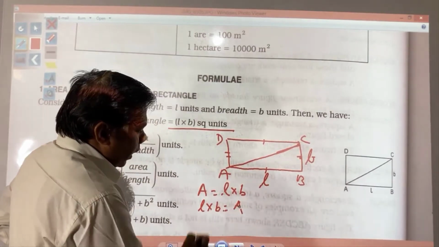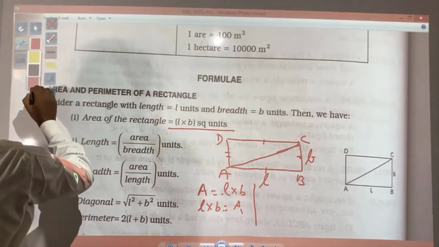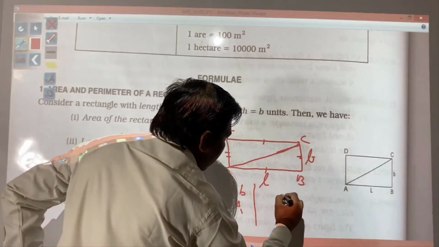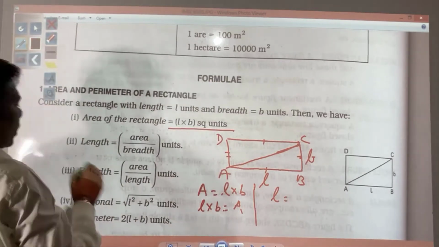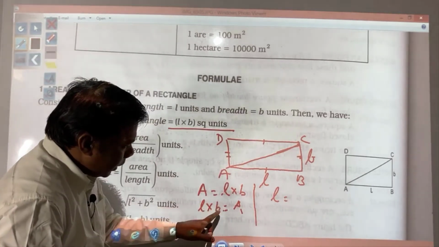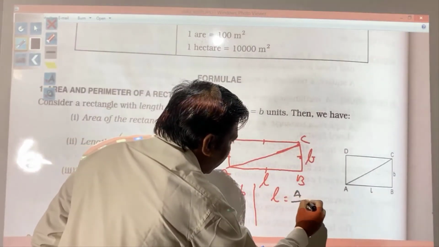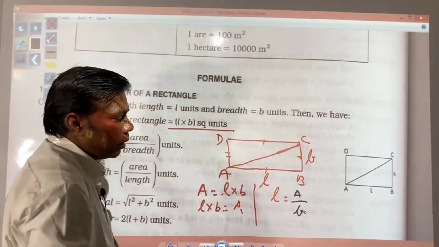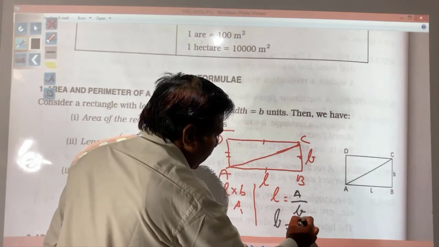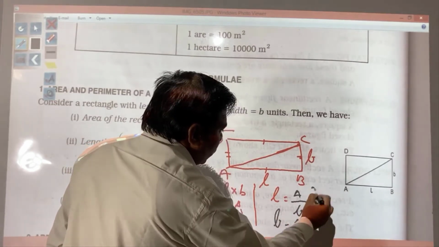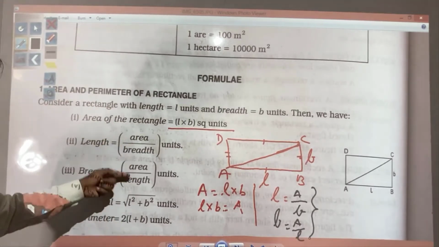If you want to find out length, then L will be, B will be taken to the right side, and that will be area by breadth. In the same way, if breadth is required to be found out, B will be equal to area by length. So these things you can derive and you can remember, these both, length and breadth.